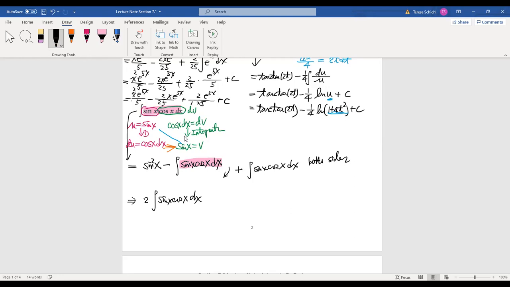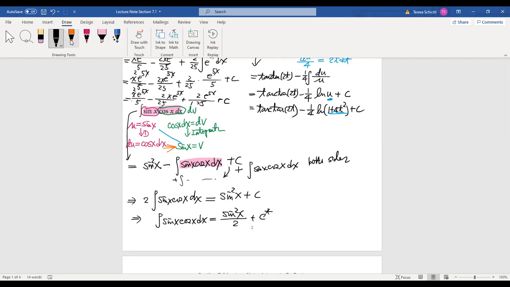On the right-hand side, the terms cancel, so it becomes sine squared x, and of course a constant c. Now this is 2 times, so I can divide by 2, and I still get my integration. So the integral of sine x cosine x dx is equal to sine squared x over 2 plus 2c over 2. You can say that is just another constant. So that is my integration here.